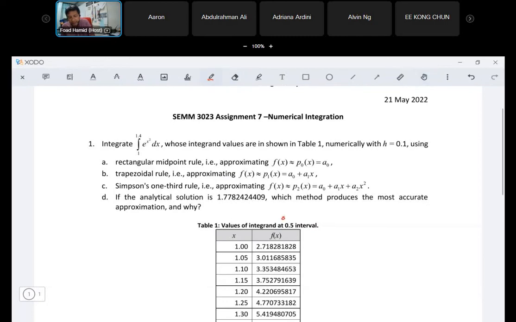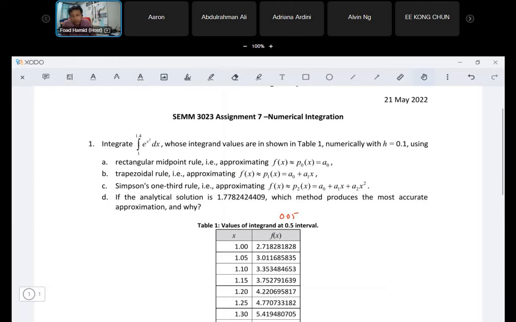Sorry, 0.05 interval. So from here to here is 0.05, 0.05. So that's the correction there. Just a typo. The info is correct, but the typo is in the table.